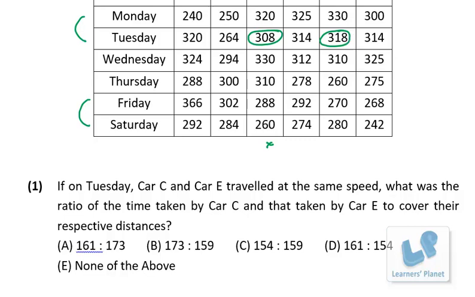See, when speed is constant, time is directly proportional to distance, right? If speed is constant, time is directly proportional to distance. So whatever the ratio of distance we have, the same ratio will be there for time. So for that, that's 308 and 318. So 308 is 154 and it is 159. Right? So I hope that's clear.